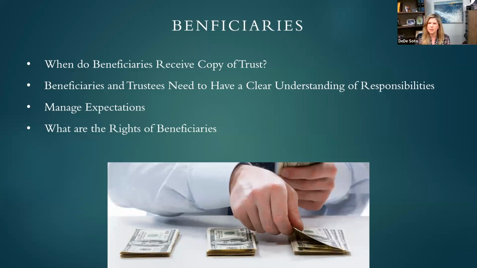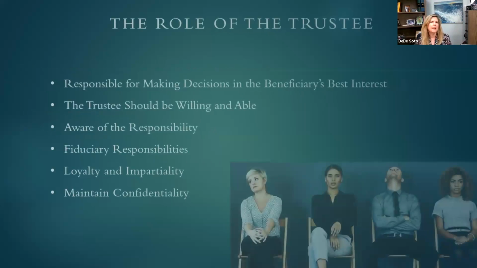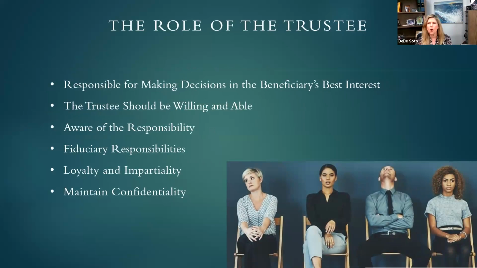And once that time period passes, then they cannot bring a cause of action, which relieves the trustee of any fiduciary liability. Many times at the death of the first, there are no distributions being made because it's all for the support of the surviving spouse.